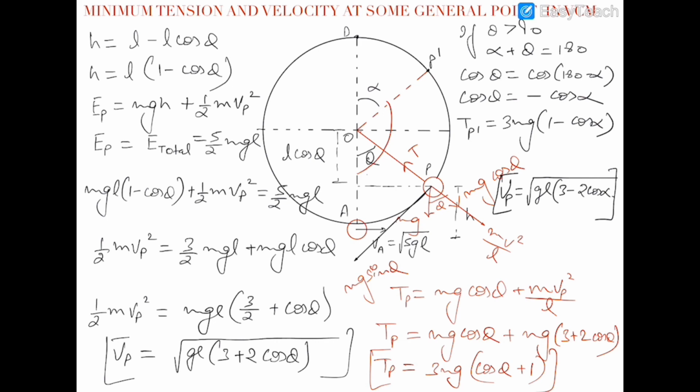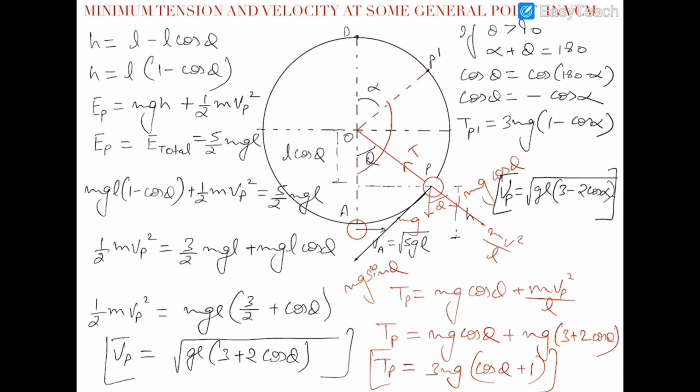So for this position D, if alpha is 0, then the velocity at point D will be under root gL, which is the minimum required velocity at point D, and we have already calculated it. So this is the method to find the minimum velocity and tension at some arbitrary point. Now let us also examine these values for points B and C.